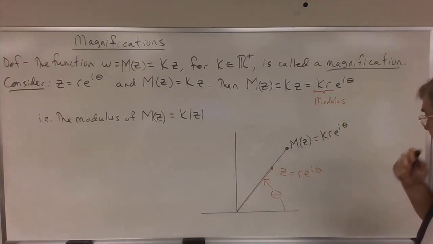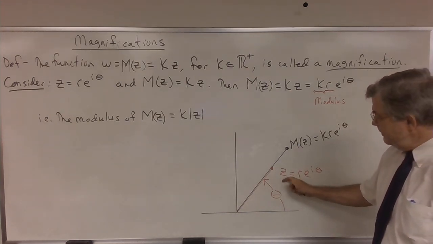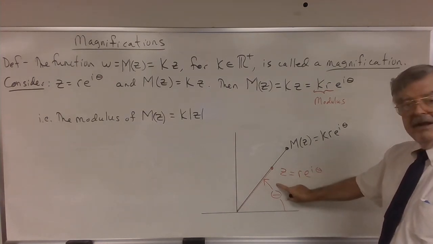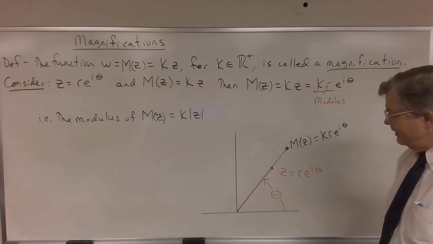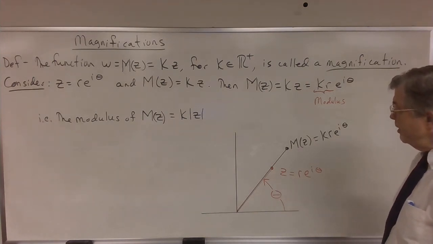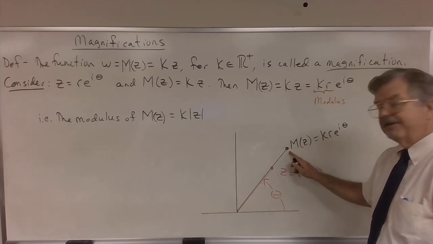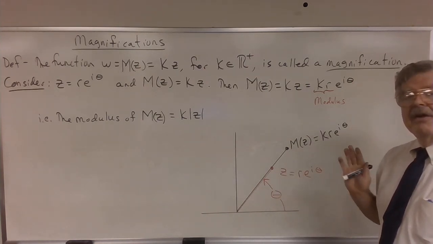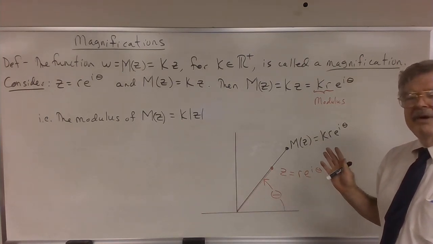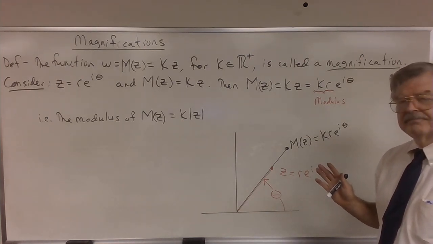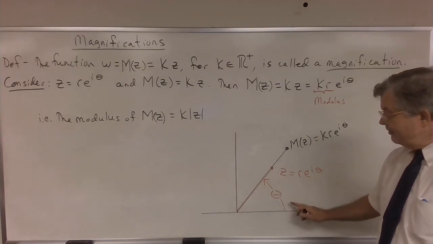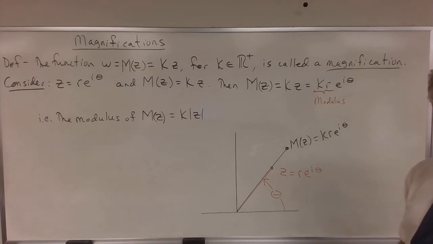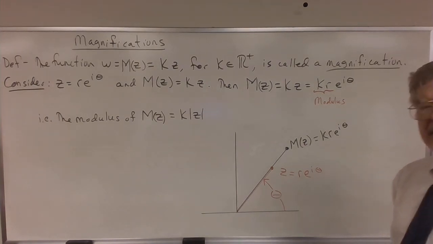Notice that the angle of z and the angle of the image of z is theta. That doesn't change with a magnification. But the distance from the origin does change. And that's what a magnification does. It alters the distance of a point from the origin. It doesn't change the angle with respect to the positive x-axis. It just changes the distance of the point from the origin.